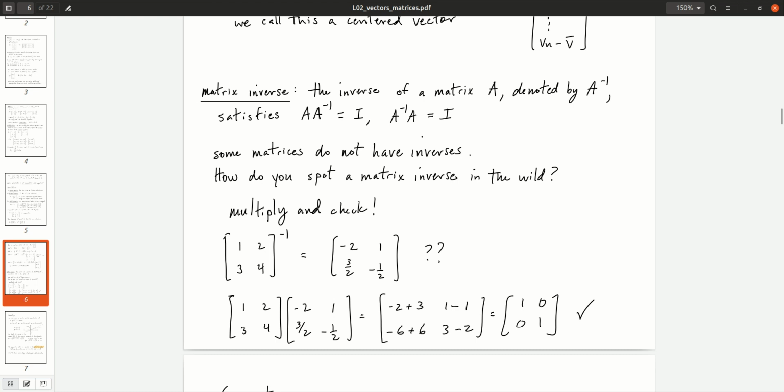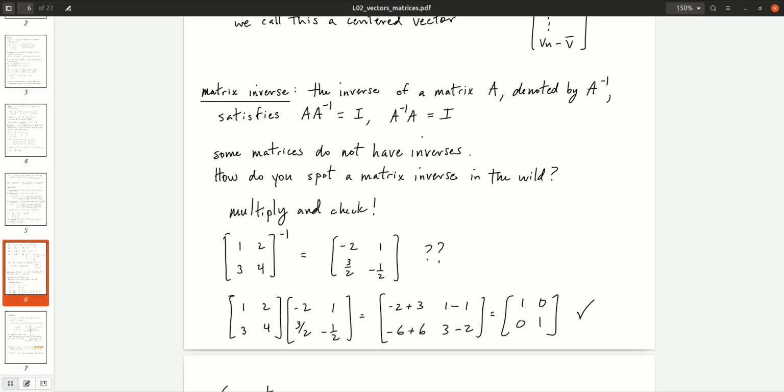The 1, 1 entry is 1 times minus 2 plus 2 times 3 halves. So it's minus 2 plus 3, which is 1. The 1, 2 entry is 1 times 1 minus 1 half times 2, which is 1, so 1 minus 1 is 0.